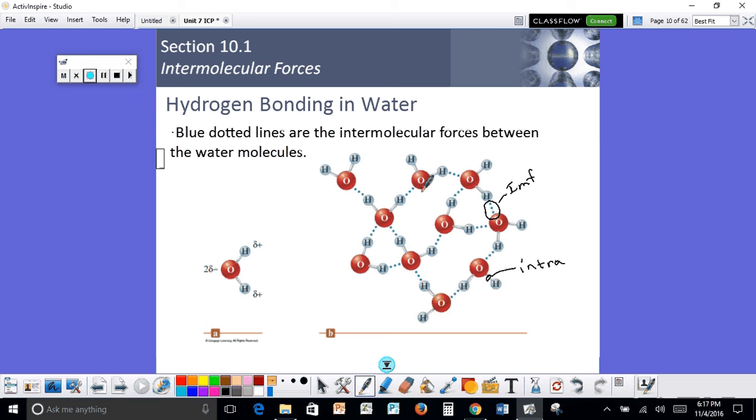Oxygen is one of the most electronegative elements, so the electrons are going to spend a lot more time around the oxygen than the hydrogen, causing a partial positive on the hydrogen end and a partial negative on the oxygen end, causing this huge dipole moment through the water molecule, causing it to be very polar.